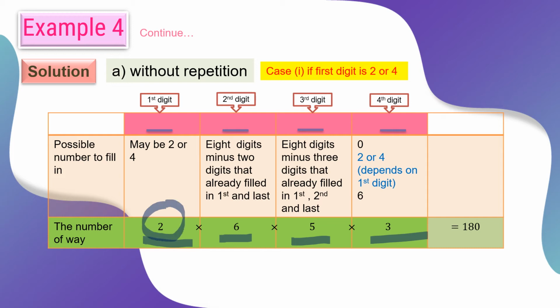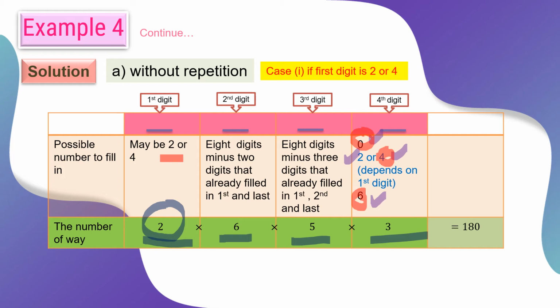Next, we go to the 4th digit. We want to calculate how many digits you can put on the 4th place here. Okay, so you can put 0, 2, 4, 6. But if we start with digit 2, you can use 0, 4 and 6.